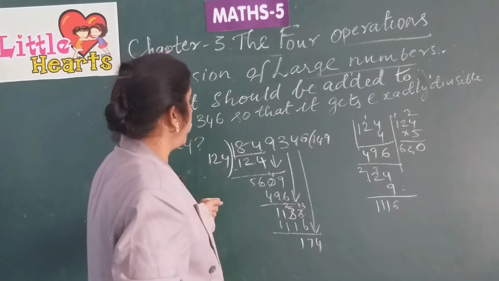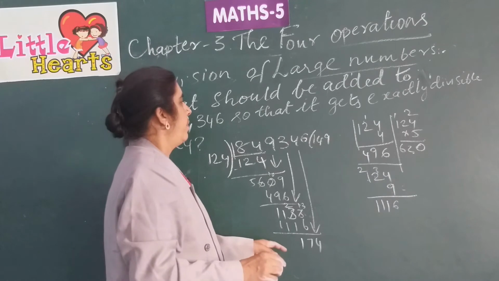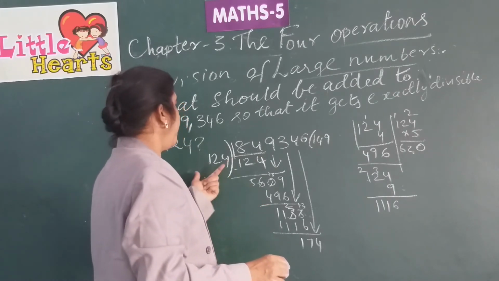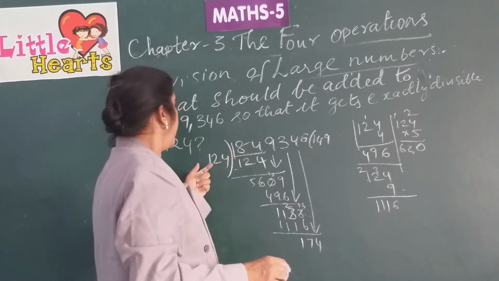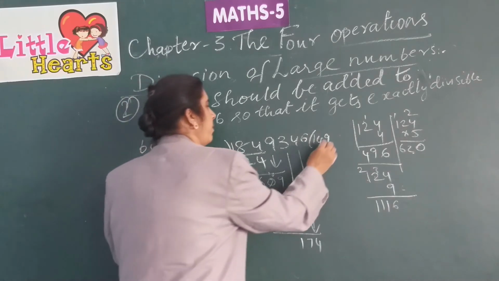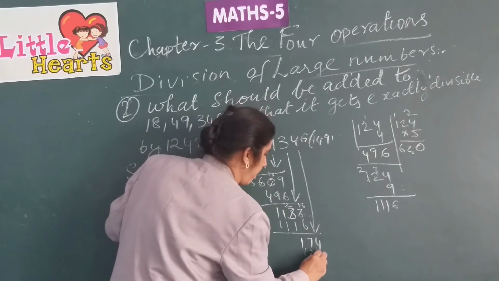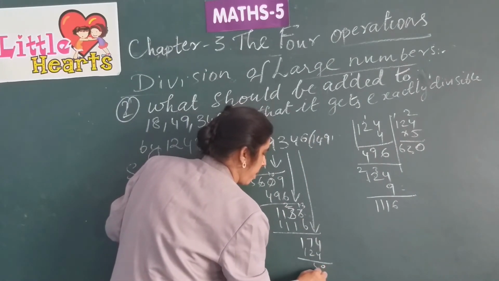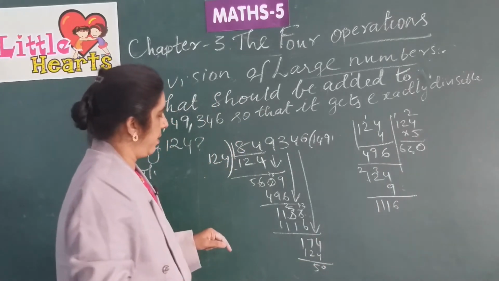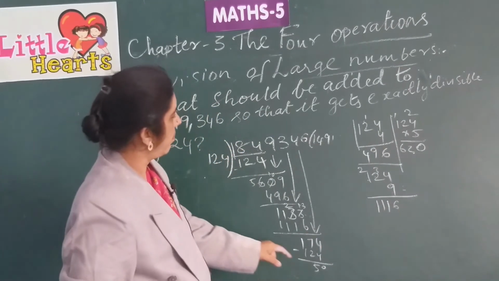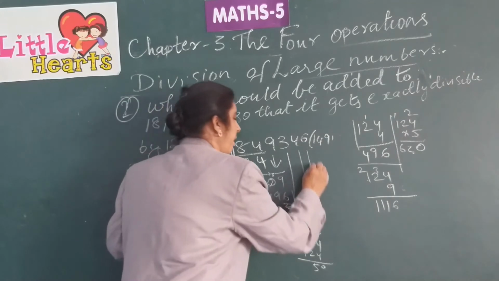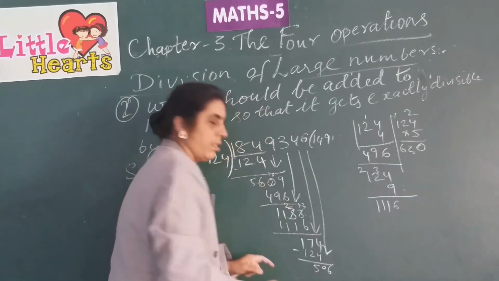124 twos are 248. So we shall go with 124 ones, 124. 50. And bring down 6.